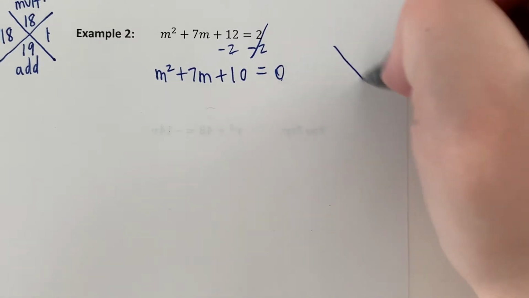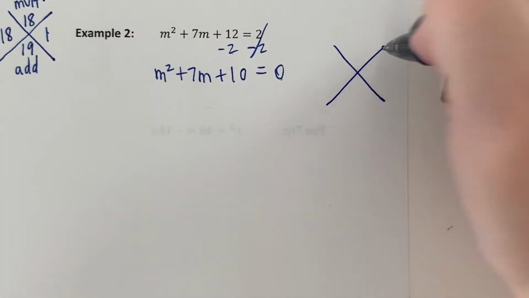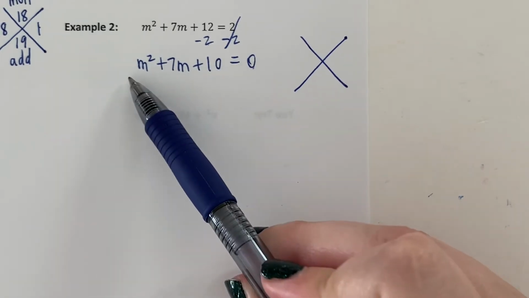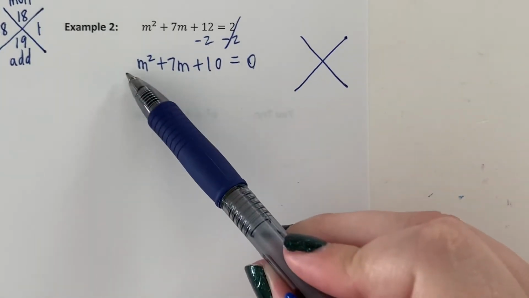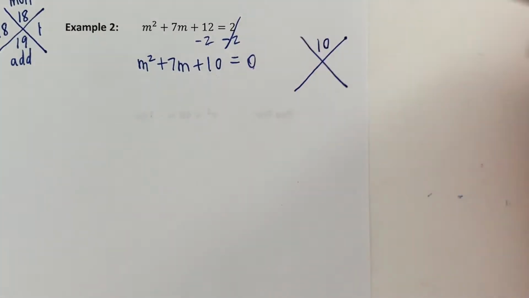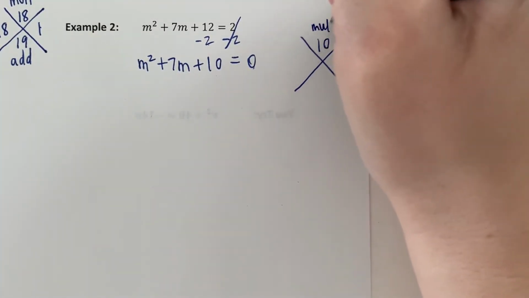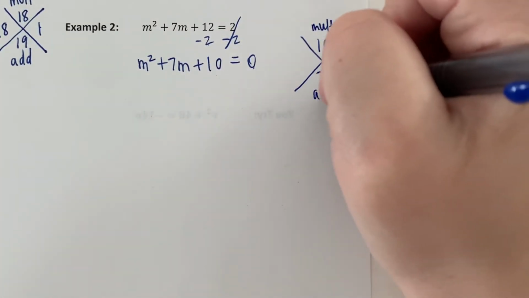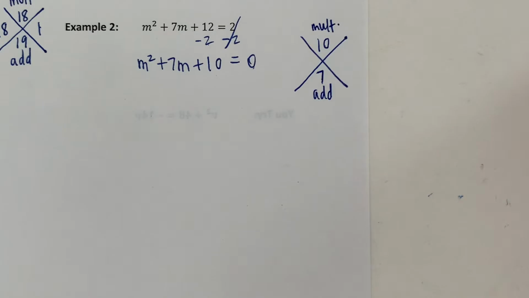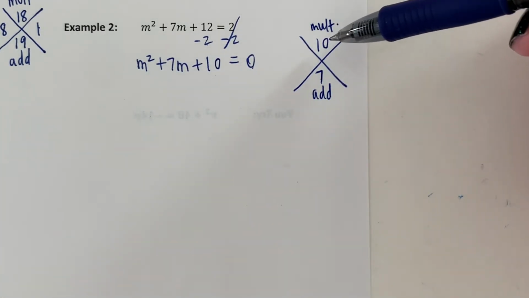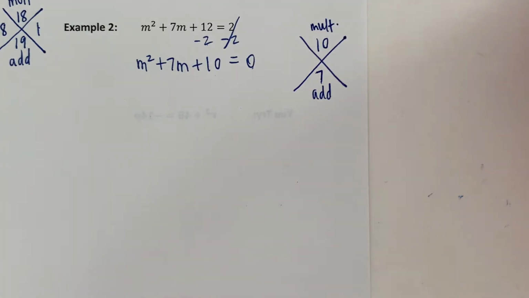We can go ahead and we can set up our X method. We can identify our A, our B, and our C. So for our X method, A times C, we'd be doing 1 times 10. So we need to find 2 numbers that multiply to 10. And then our B, 2 numbers that are going to add to our B, which is 7. So I need to think of multiples of 10. I know 5 times 2 multiplies to 10.